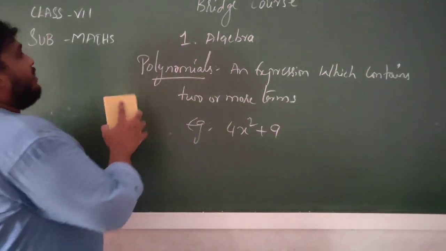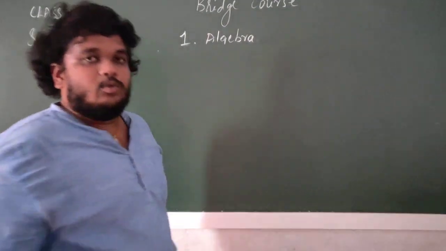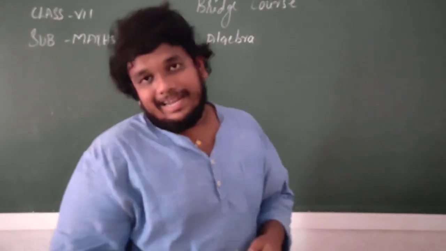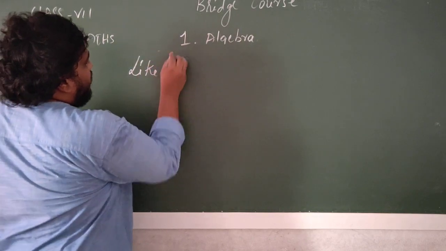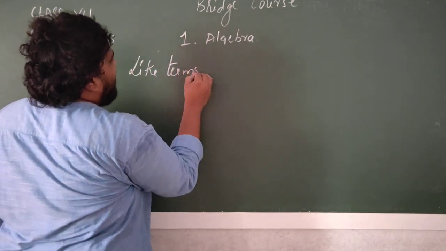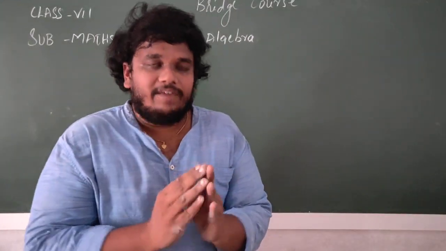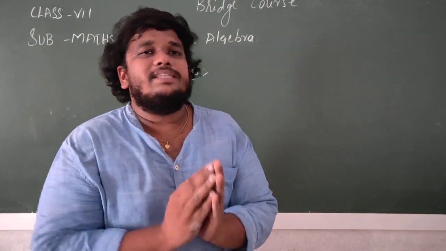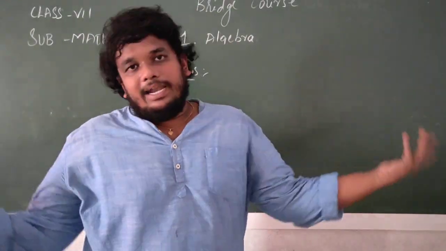Next we will discuss like terms and unlike terms. So what are like terms and what are unlike terms? Like terms are terms which belong to the same family. Terms which do not belong to the same family are known as unlike terms.